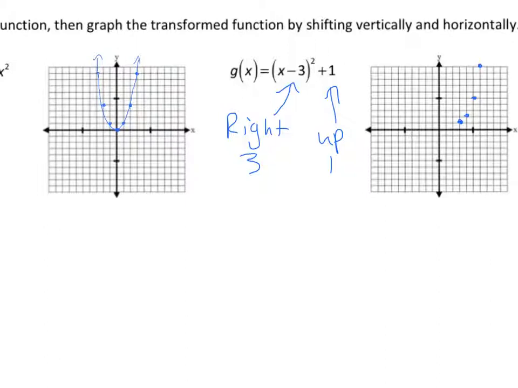And then I go left 1, up 1 from the vertex, left 2, up 4, and left 3, up 9. So the shape of the graph did not change. I just shifted all of the points right 3 and up 1.